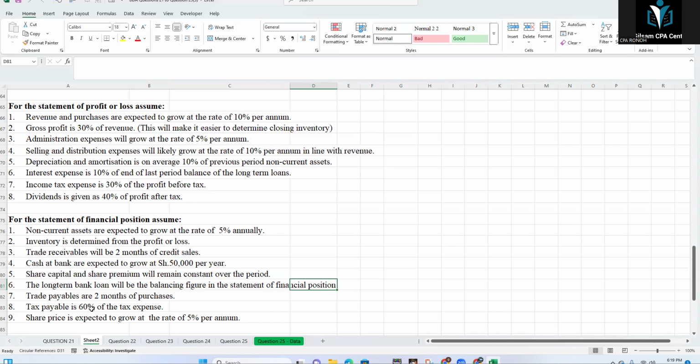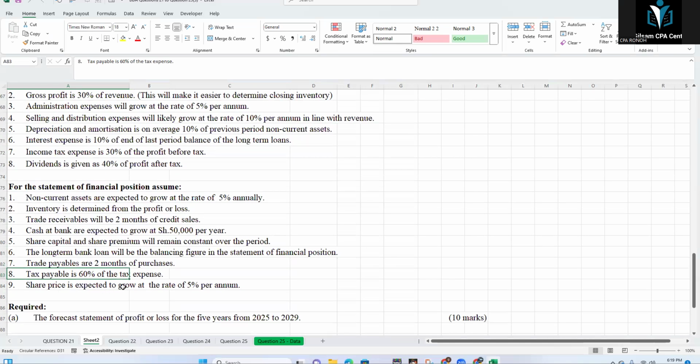Tax payable is 30% of the tax expense, which means out of the tax liability, they are only going to pay 60%, and they are going to retain 40% as a liability.